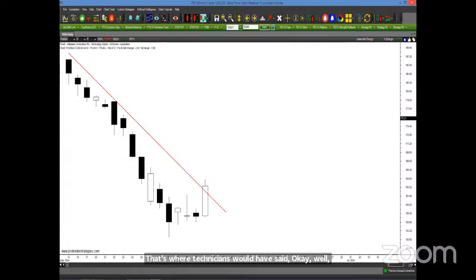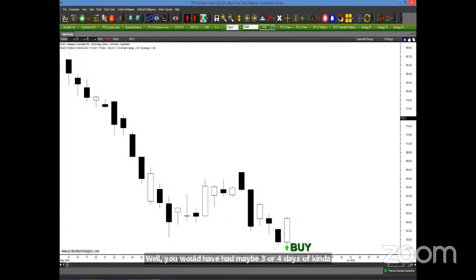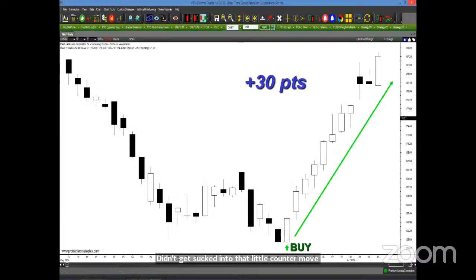And look what would have happened. Well, you would have had maybe 3 or 4 days of kind of sideways to up movement, and it went lower. The PTR didn't get sucked into that little counter move and generated a buy signal right here, and 30 points coming into the first or second week of July.